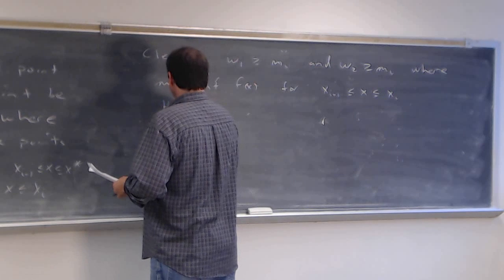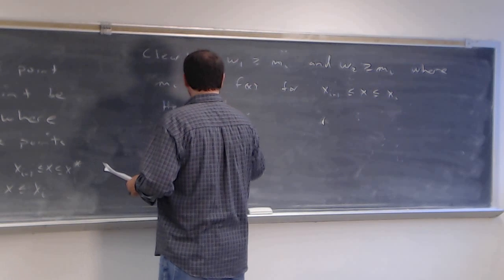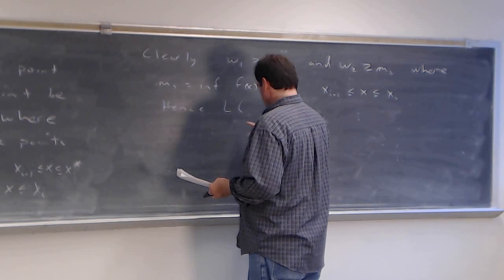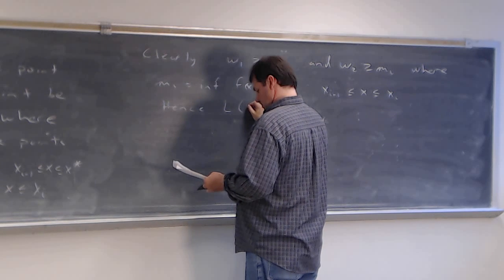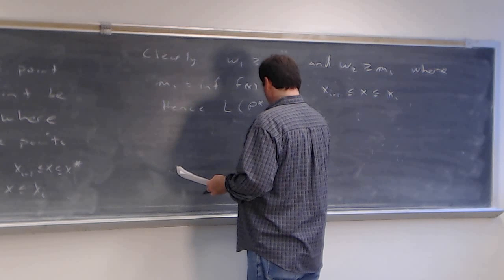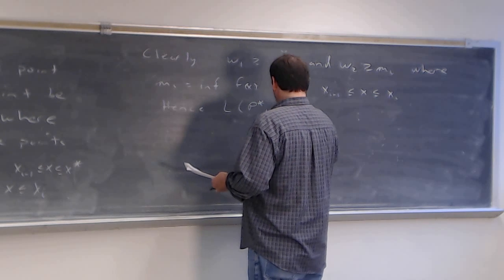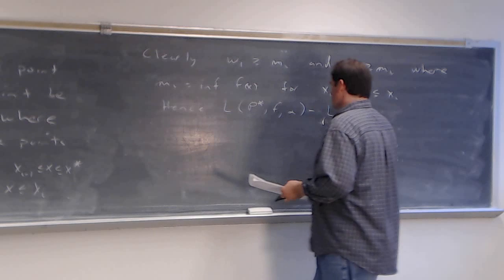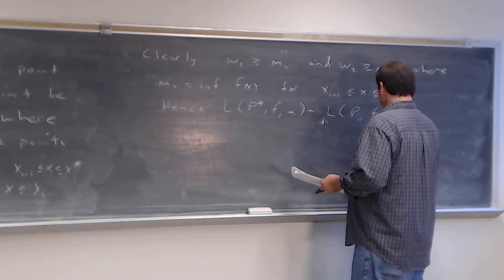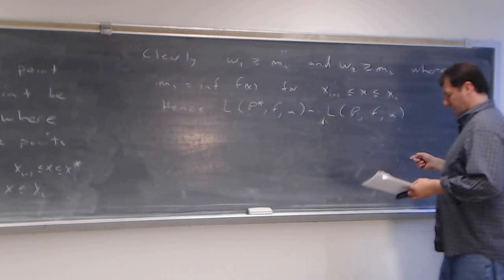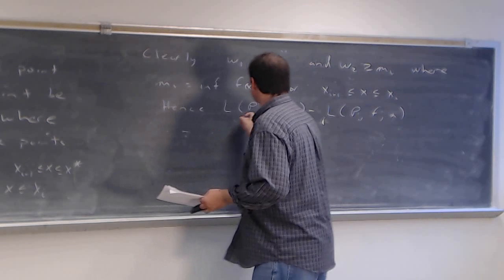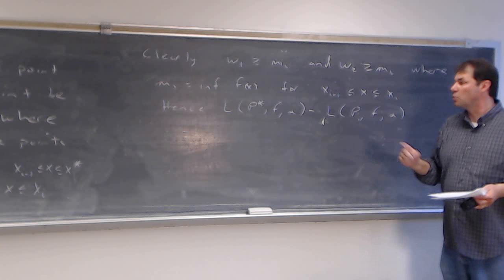So if we look at these lower sums, that is, if we take the lower sum with the refinement partition P star, f and alpha, minus the lower sum with the partition P, f and alpha, then they're going to be exactly the same most of the time.